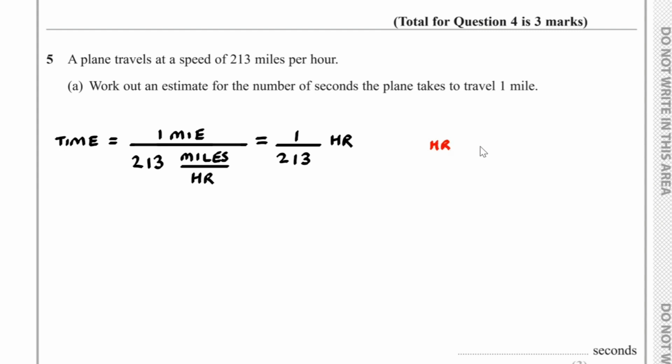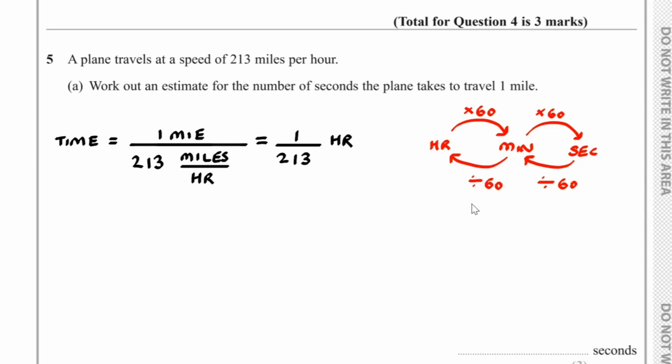Well, if we have hours, minutes, and, well, we've got hours, minutes, and seconds. To go from hours to minutes, we times by 60. Minutes to seconds, we times by 60 again. Seconds to minutes, we divide by 60. And minutes to hours, we divide by 60.